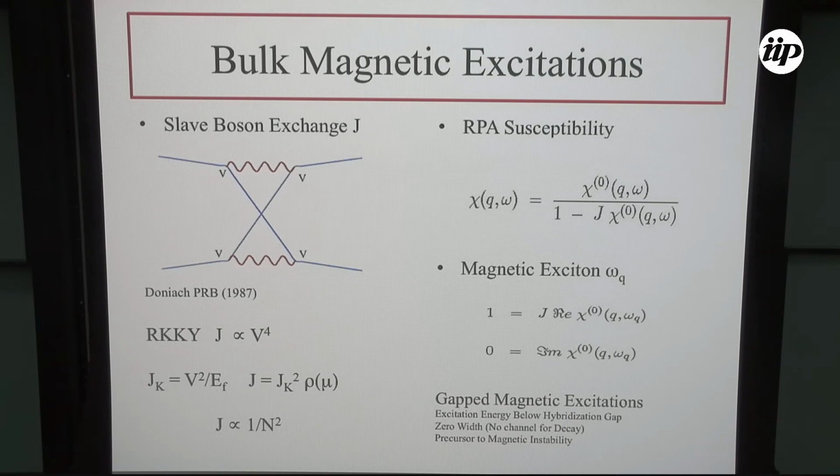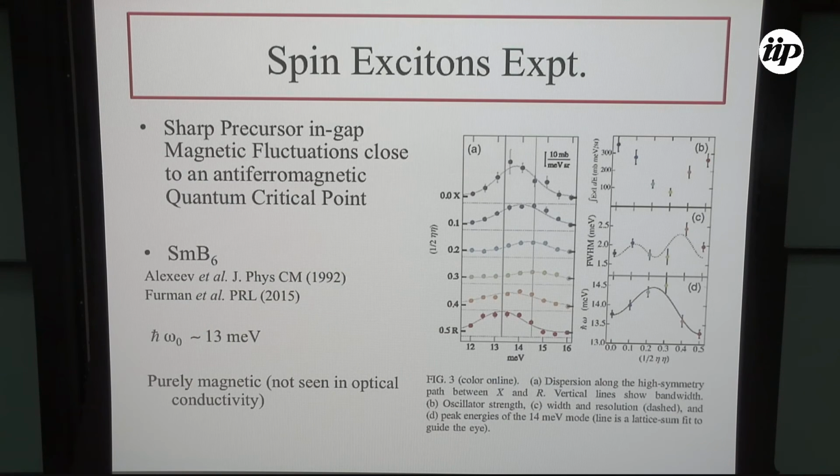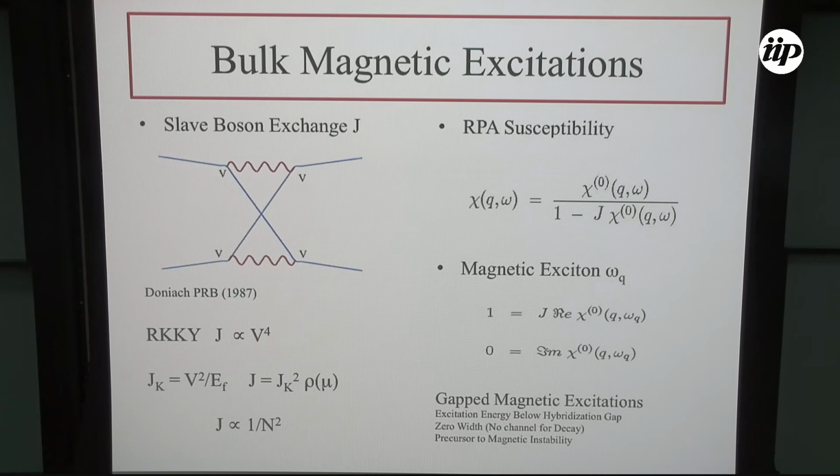And you can understand this by using the work of Doniach, who showed that you can have a slave boson exchange process which gives you an RKKY interaction, roughly, which is proportional to the 4th power of hybridization. RKKY is usually proportional to the second power of a local interaction. In our case, it's a Kondo interaction, which through Schrieffer-Wolff would be V squared over some energy level.